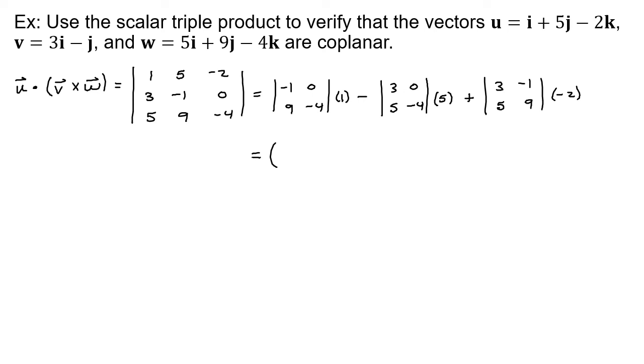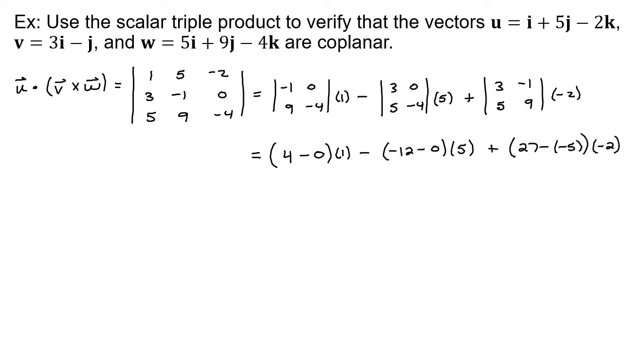So this would be 4, negative 1 times negative 4 would make 4. 9 times 0 would be 0. 3 times negative 4 makes negative 12. 5 times 0 is 0. And then I have a multiply by 5. And then 9 times 3 is 27 minus a negative 5.